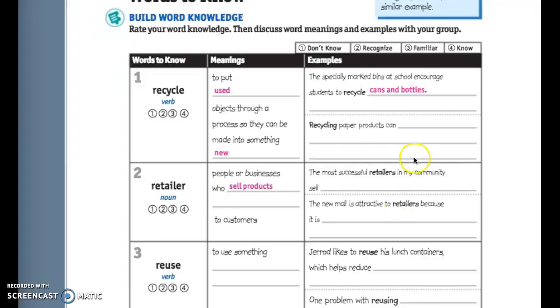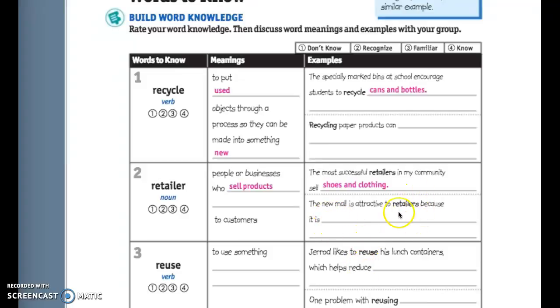So let's come over here to this first sentence. It says, the most successful retailers in my community sell shoes and clothing. And that's true, right? Walmart or stores in the mall, they generally make a lot of money selling clothing or shoes. So the second sentence here says, the new mall is attractive to retailers because it is blank.